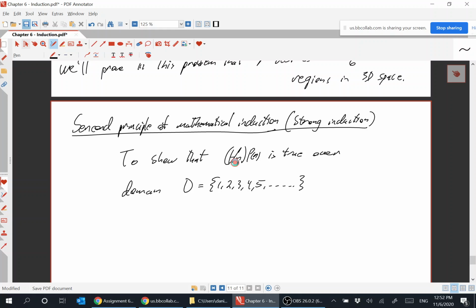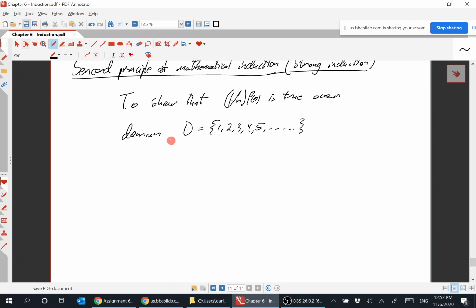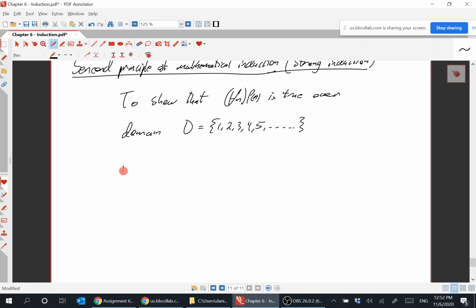So in order to show that this is true, you first prove 1. P of 1 is true. That's the base case.